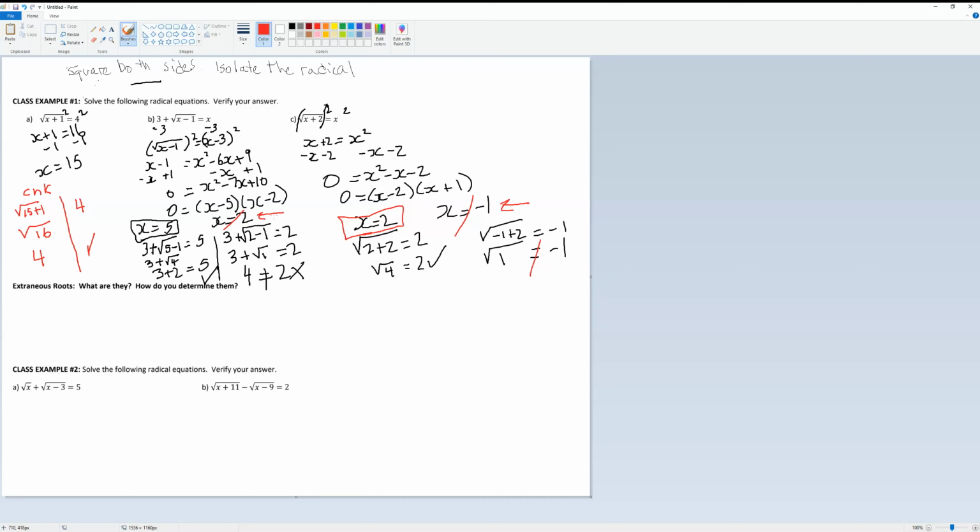Those extraneous roots do not satisfy the original equation. Okay, I'm going to stop it there and we can do part 2 down here.